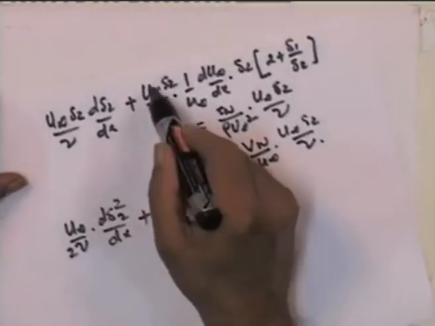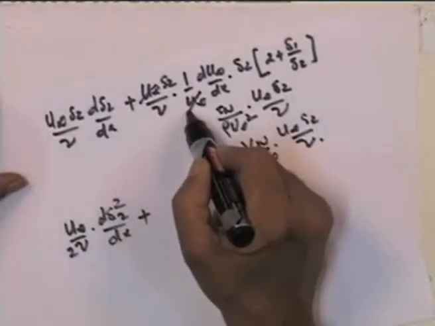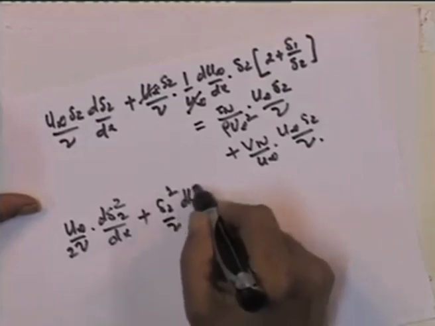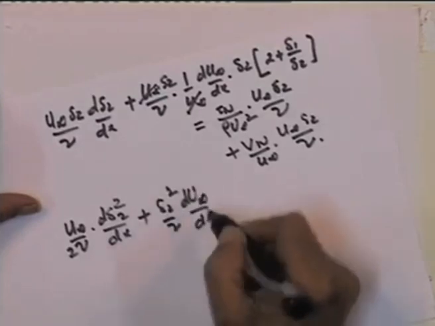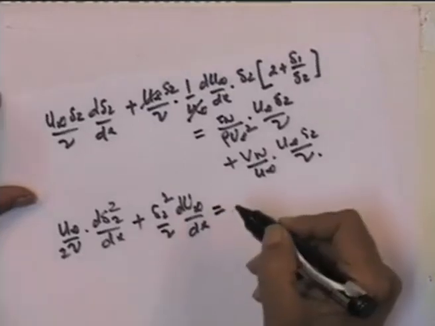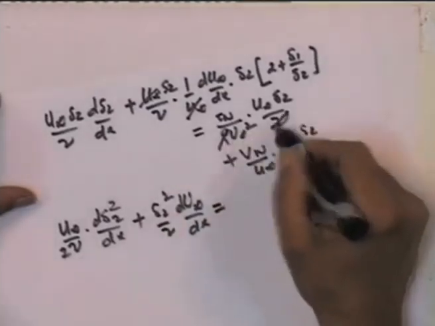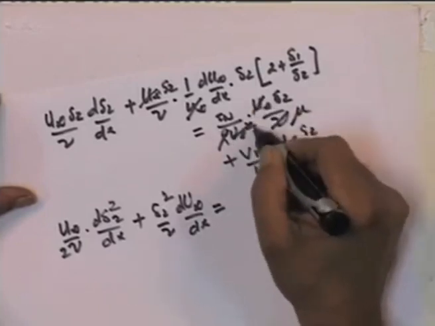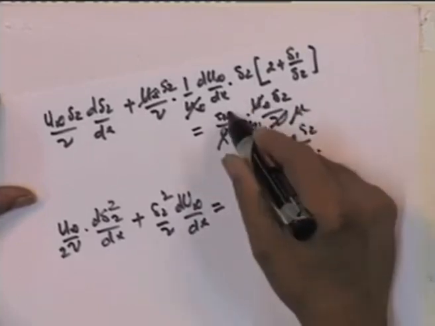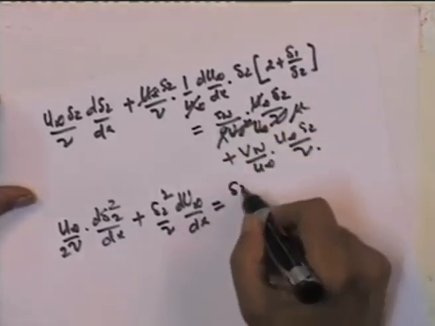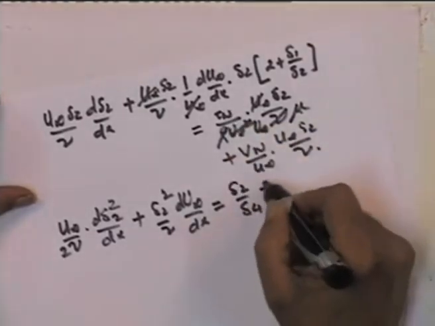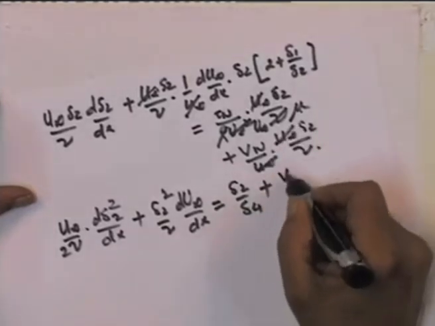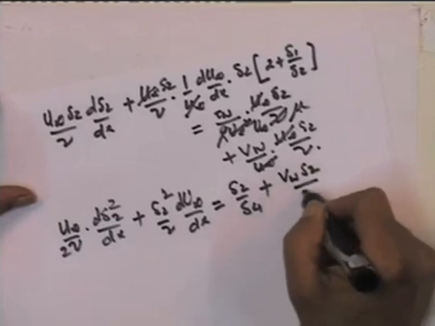In this case, u infinity gets cancelled with this, and I get delta 2 squared by nu du infinity by dx equal to, now rho into nu becomes mu, so mu u infinity by tau wall is delta 2 by delta 4, plus u infinity gets cancelled with that, and I get v w delta 2 by nu.